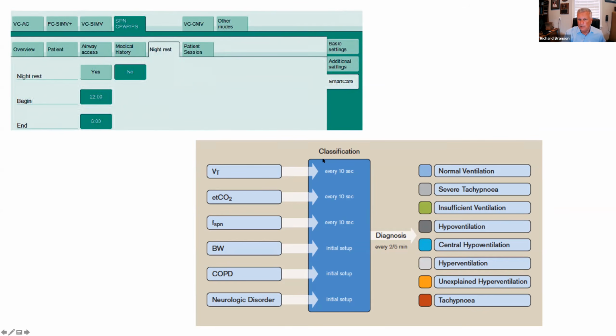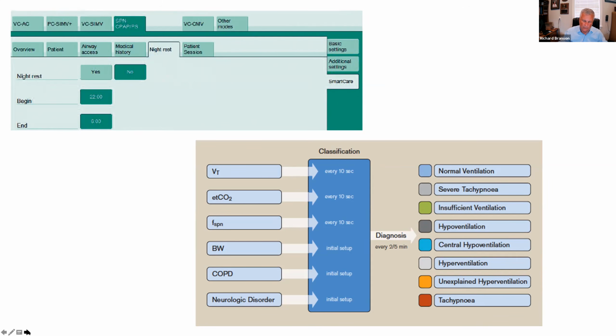Then they look at the tidal volume every 10 seconds, and tidal CO2, the breathing rate, and then they make a diagnosis every 2 to 5 minutes and say, is the patient breathing normally? Do they have tachypnea, insufficient ventilation, hypoventilation, central hypoventilation, hyperventilation, unexplained tachypnea? It's not exactly fuzzy logic, which puts domains in and says, is it normal?